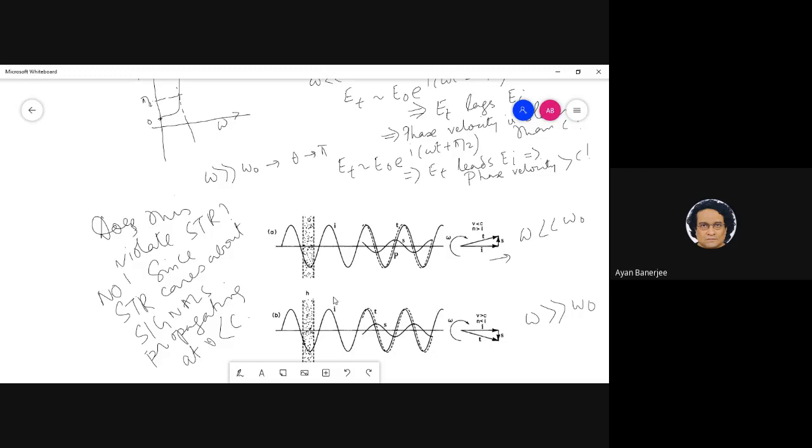Suppose this is the incident and the scattered wave, both emanating from this point, this level. I note when this dotted line will come here and when the other comes.